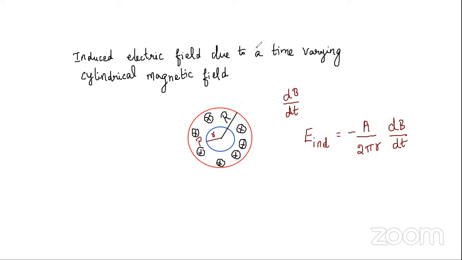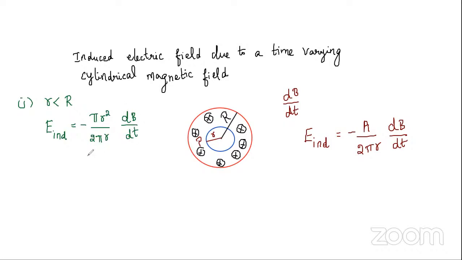So the first case I will be writing here, small r lesser than capital R. In this case, what is your induced electric field? So that is E induced equal to minus pi r square divided by 2 pi r into dB by dt.